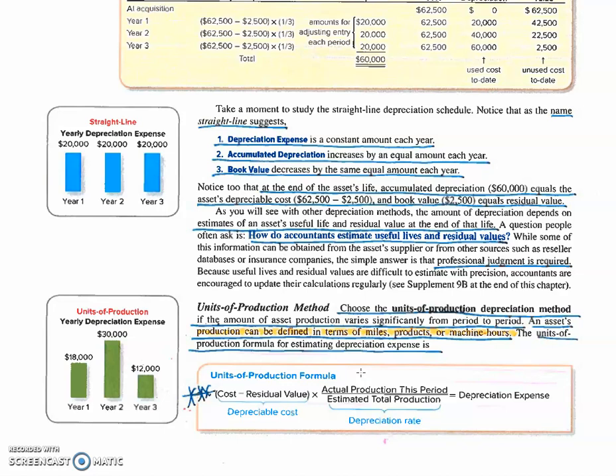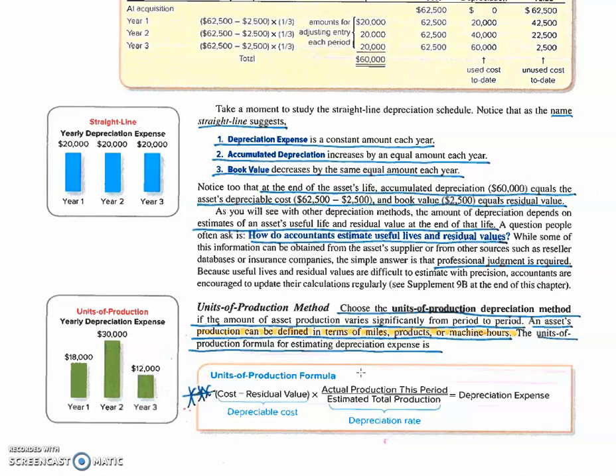Those are less common, but you do run into them occasionally. Let's say you have a piece of equipment, some kind of a saw, and you just measure the number of board feet that it has been used to cut. That's a measure of input. So any measure that you find appropriate.